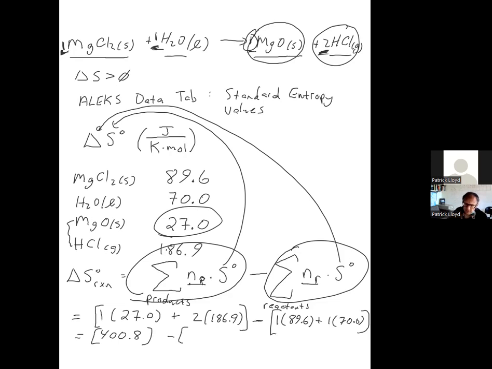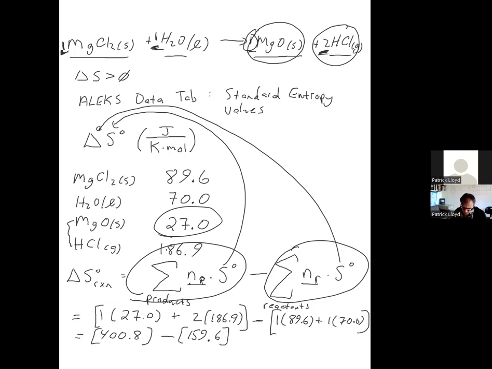I'll put it in brackets just so you can see what we've done. Minus, let me clear this. So we have 89.6 plus 70.0, because it's 1 times 70.0. 159.6. Get that right? Oh, I'm sorry. No, that's right, 159.6.